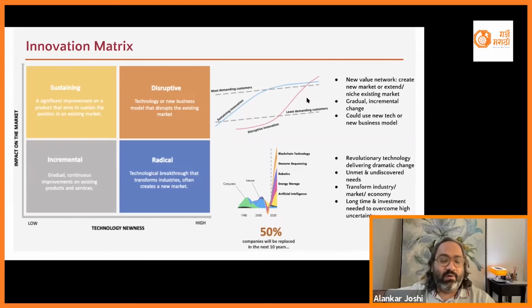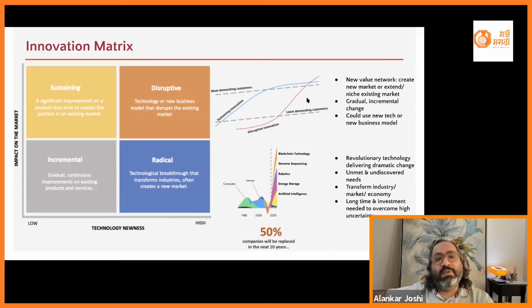Is it a small, gradual, incremental impact, or is it a substantial, completely industry-changing kind of impact, right?